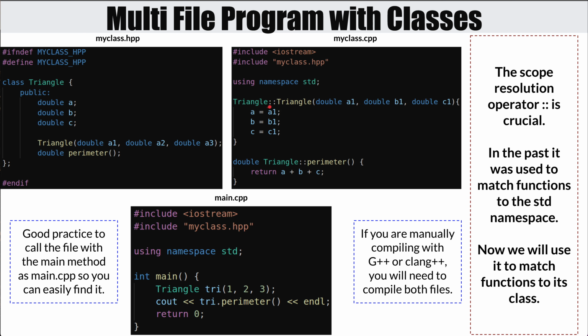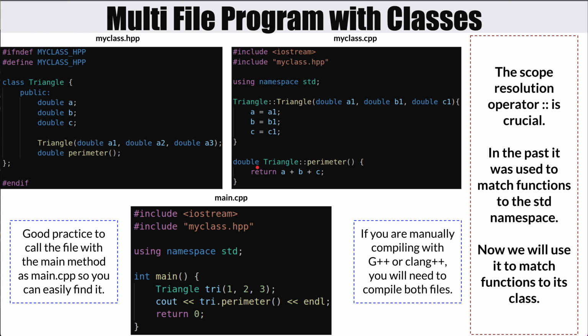Look, we want something from the triangle class, and we want the actual triangle constructor, and it took these parameters, and now look, we set A equal to A1, B equal to B1, C equal to C1, which are the incoming arguments, right? Notice how in this file, the myclass.cpp, we never defined A, B, and C because they were defined here. And if you remember, this include here puts all of this above it. Okay, so it's there, all right?